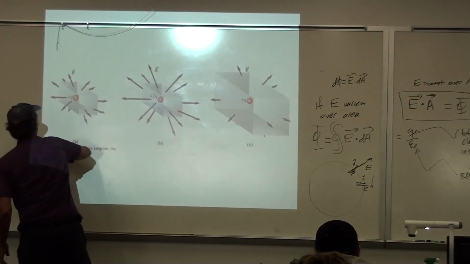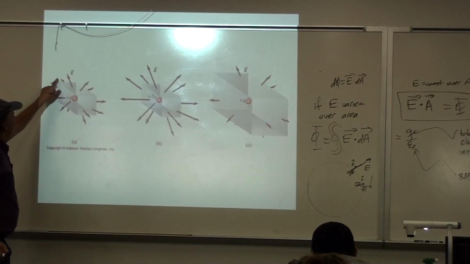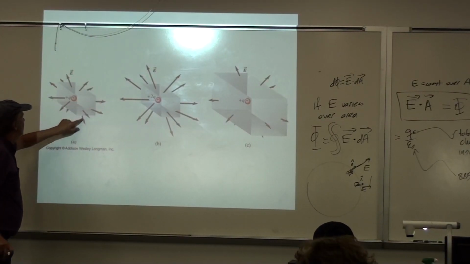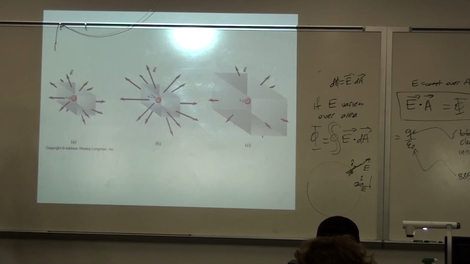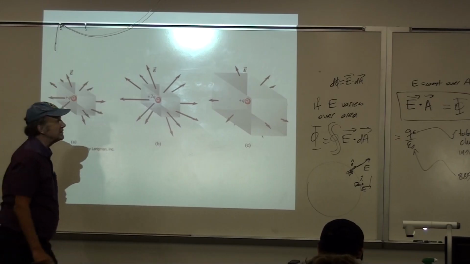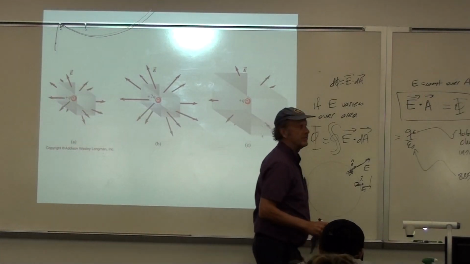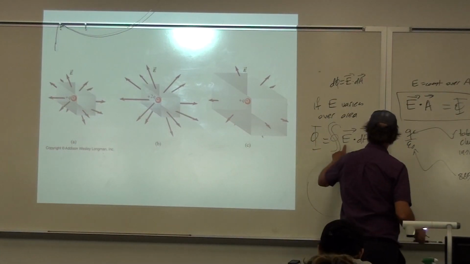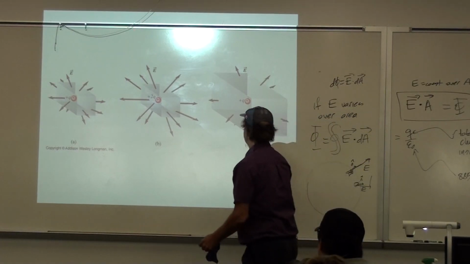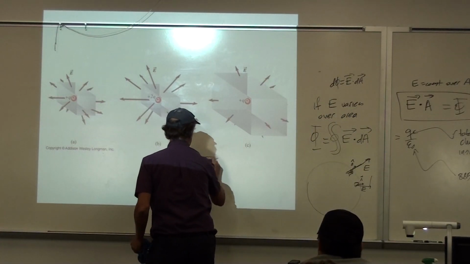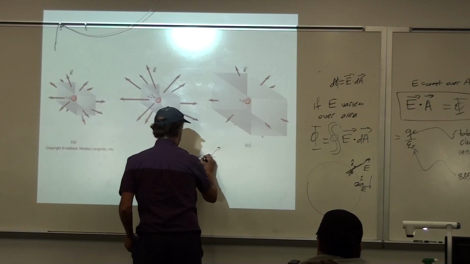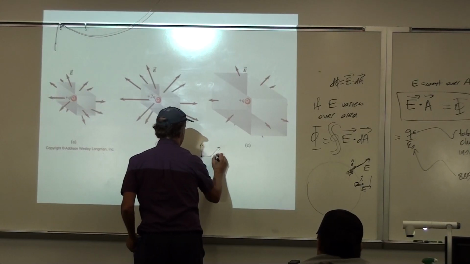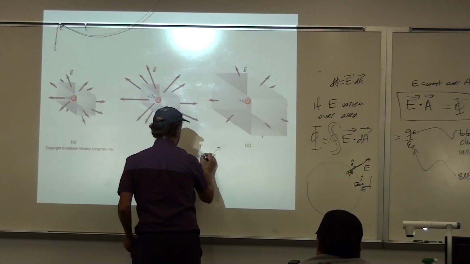So we go, okay, well, here's our charge, and all the electric field lines are pointing out from that. Have I chosen the right symmetry for integrating over this surface? This is the integral of E dot dA. Then, over this top surface, can you see that the electric field angle is constantly changing?